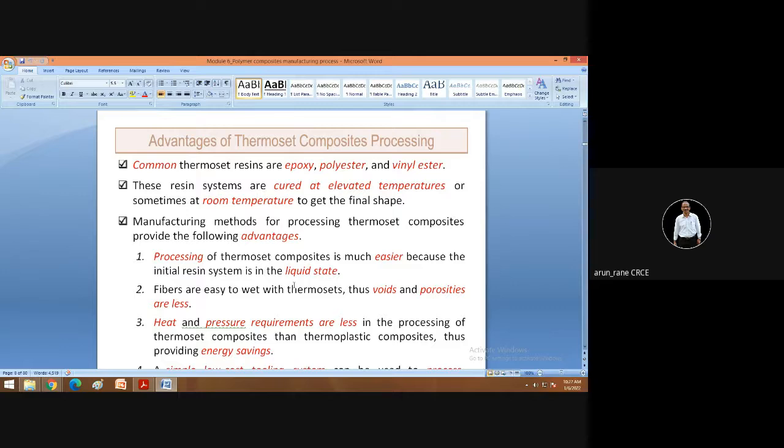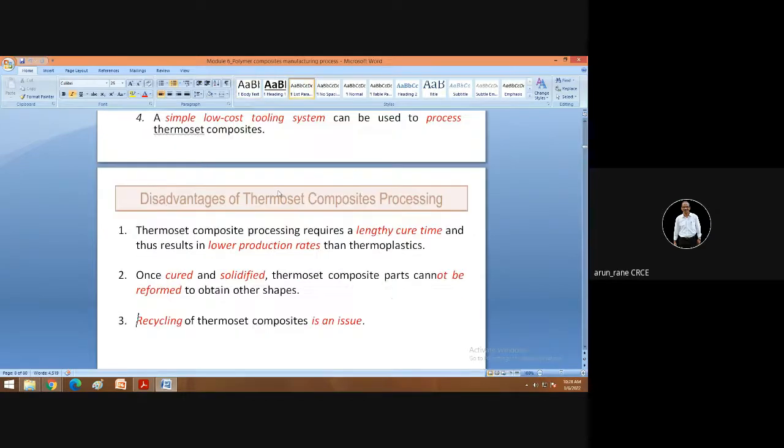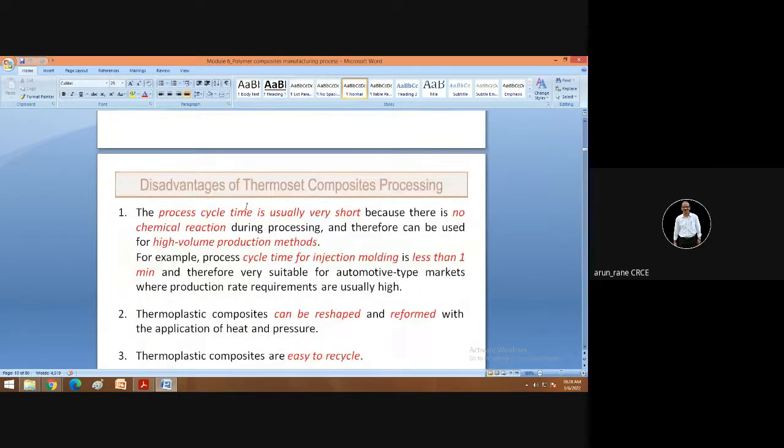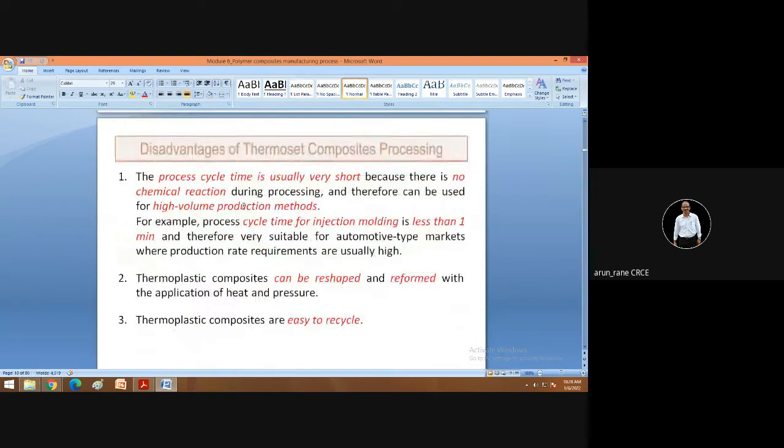Common thermoset resins, meaning plastics, are epoxy and polyester. Disadvantages: as you have seen, it takes around 120 minutes of curing time. That is a disadvantage.